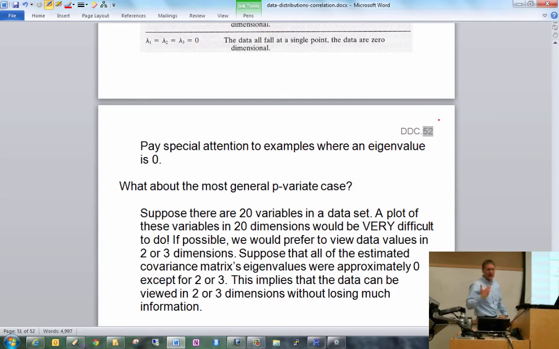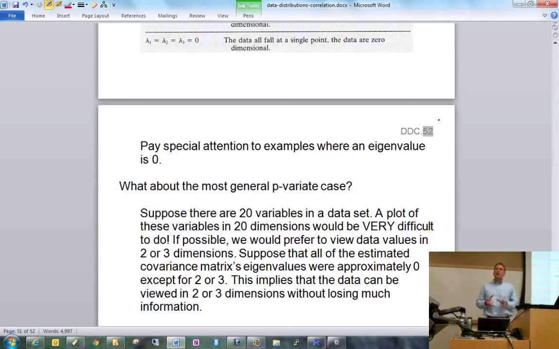So anyway, let's extend this now to the p-variate case. Maybe I have 20 variables in a data set, and you want to have a better understanding of what the data looks like. But let's say you find the estimated covariance matrix instead, and you find the eigenvalues. And only about 2 or 3 of them were not very, very close to 0.